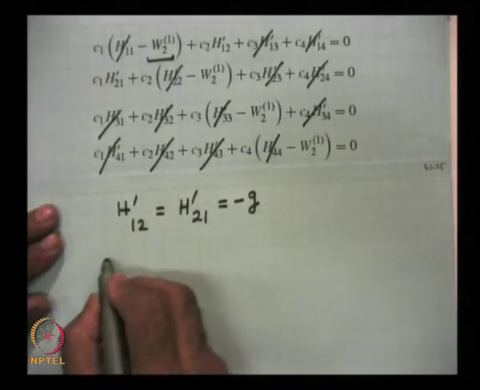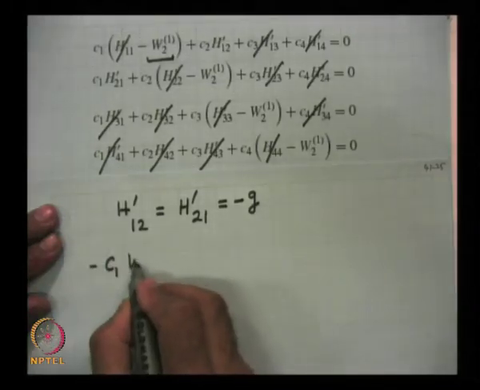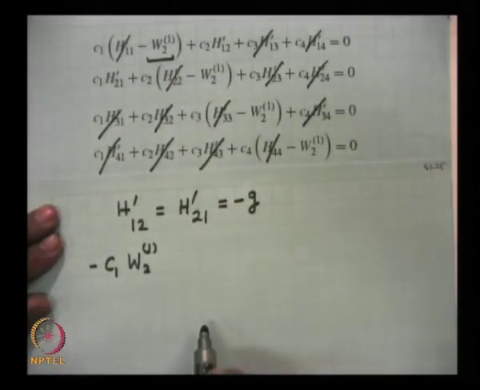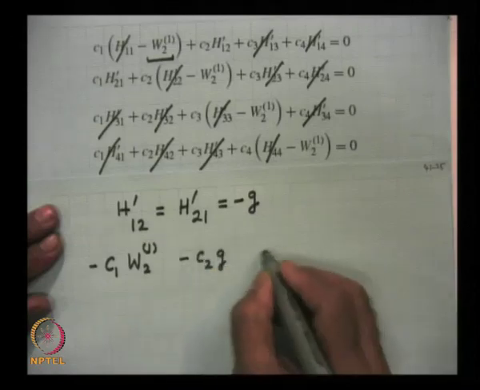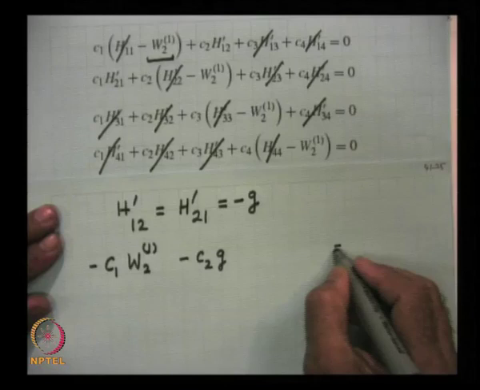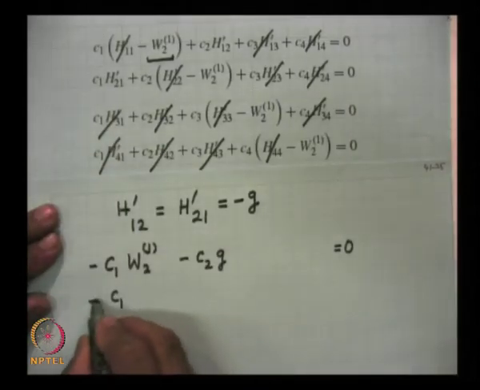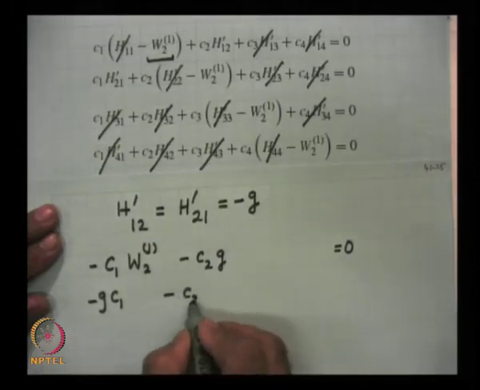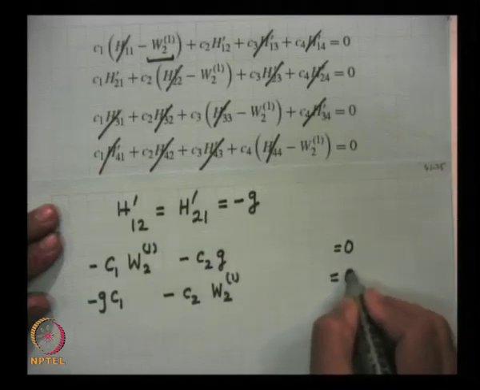So, please see these 4 equations simplify to: C1 times minus W21, this is the first term, minus C2 G plus 0 plus 0, equal to 0. The second term is C1 times minus G, minus C2 W21, this is equal to 0.